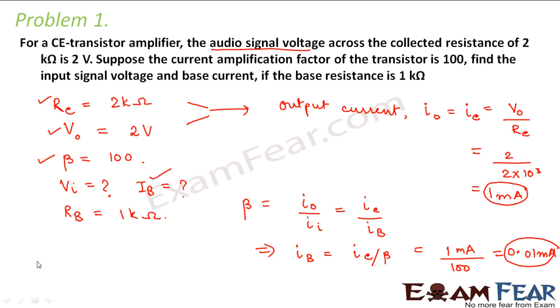We have to also calculate the input voltage. Now focus on the input circuit. In the input circuit, the input voltage will be equal to the input current multiplied by the input resistance.